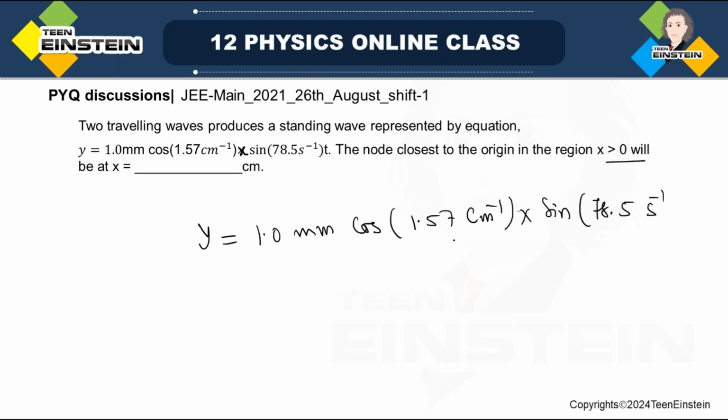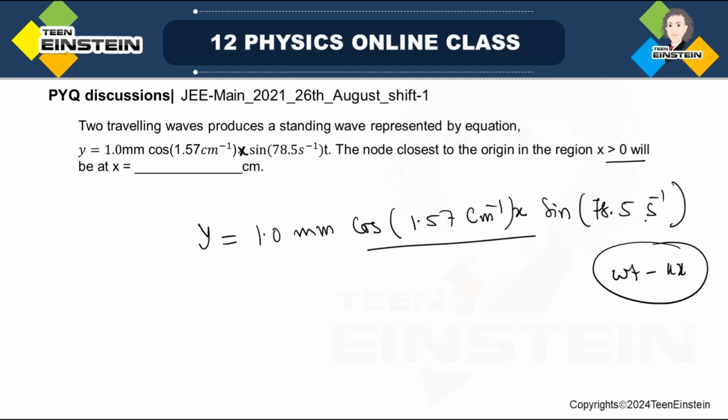You know, nodes are actually calculated, positions of the nodes are calculated with this part. See here, how do you understand this is a standing wave? Because there is no omega t minus kx type of argument in the cos or sine. Only you see this is cos x, this is sine of t. That's all.